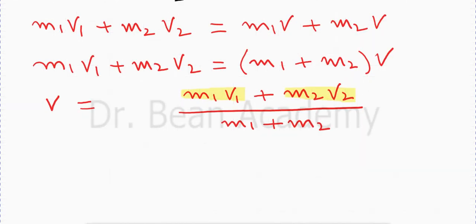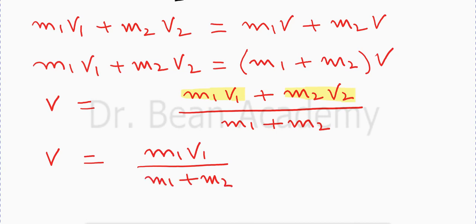Because the car is at rest, I can write v equals m1 v1 over m1 plus m2, because this term will become equal to 0 because the velocity v2 of the car is 0. They said it is a stationary car.